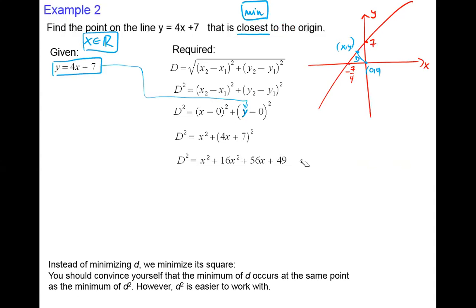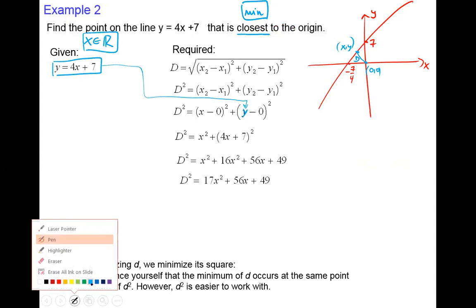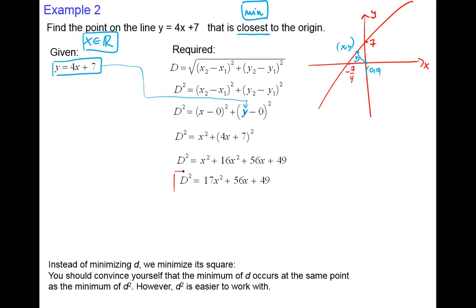Okay, and let's combine x squared and 16x squared. That means this is a good function for the derivative, because again, nice order: no product, no quotient, and not even chain rule. You could take this function and differentiate if you like, or we can take this one.